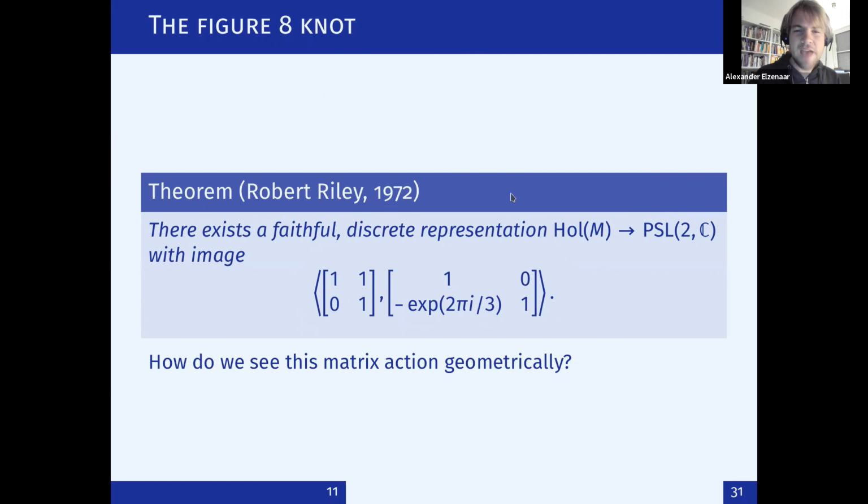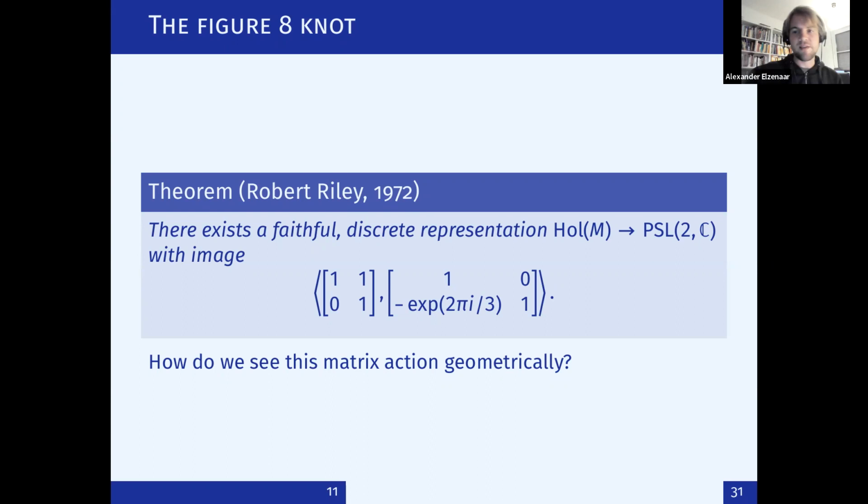So we have a matrix representation, but we've completely lost any kind of intuition about what this is doing geometrically. So what are these matrices doing geometrically? The point here is that these lie in PSL2C. So these are acting on the projective line over the complex numbers, or in other words, the sphere, because the projective line over the complex numbers is the complex line together with a point at infinity, which compactifies it.